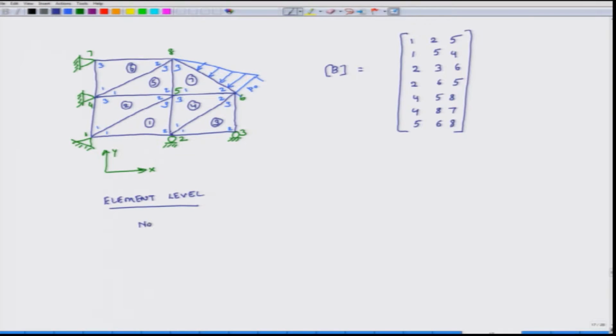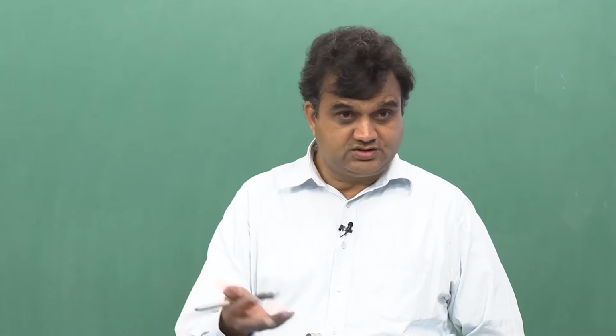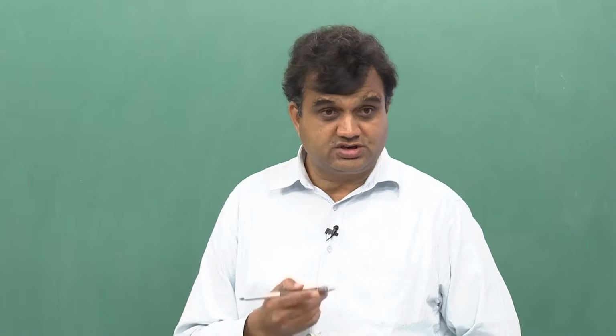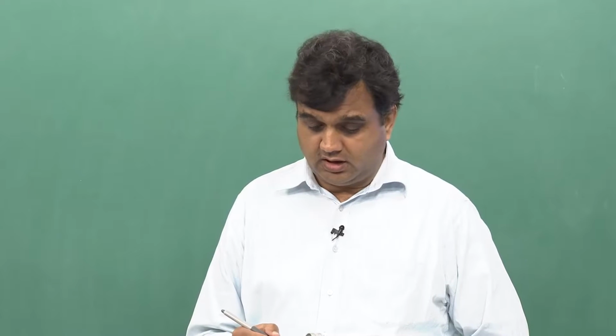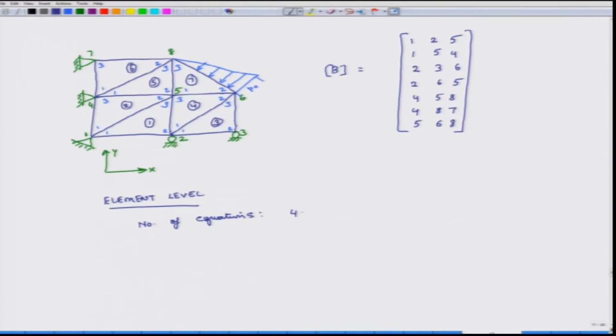Number of equations: each element will give us how many equations for plane elasticity problem? It will give us 6 equations. Each element has 3 nodes and all are triangles. So, 6 equations for each element and there are 7 elements. So, total of 42, 7 times 3 times 2 is equal to 42.